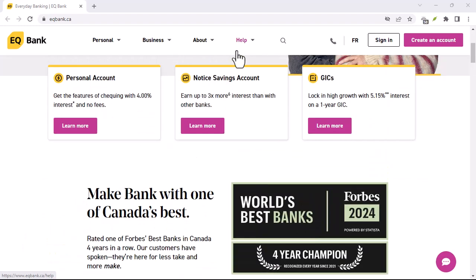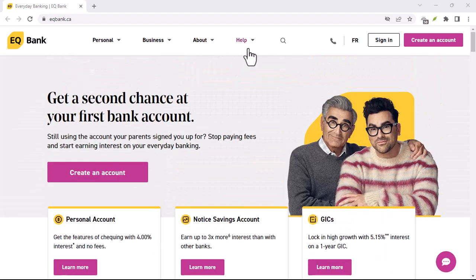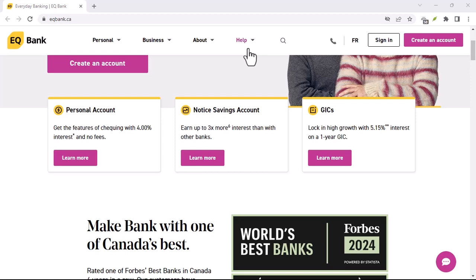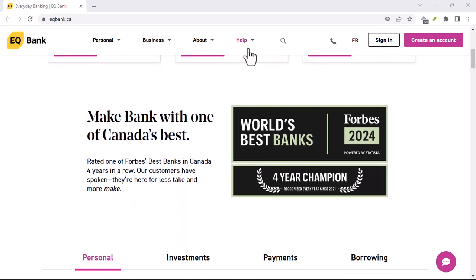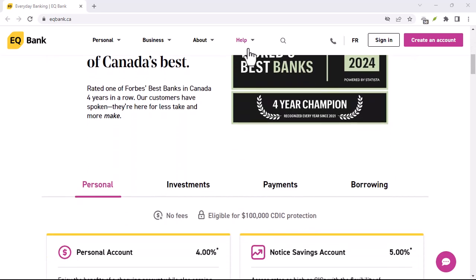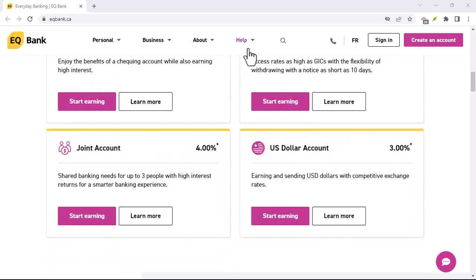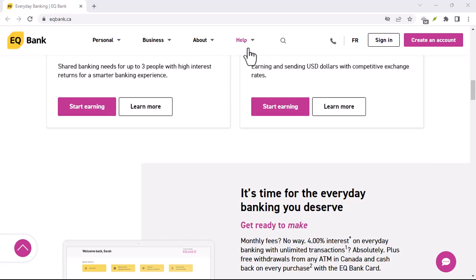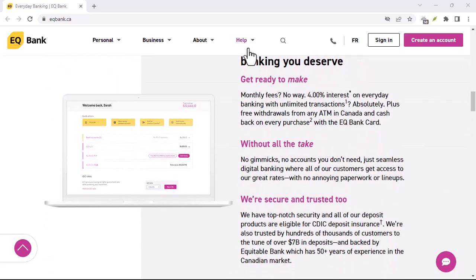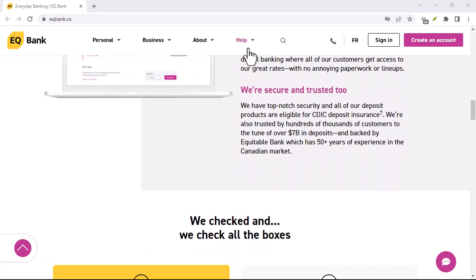Another option is to consider using cashback at retailers. Many stores offer cashback when you make a purchase with your debit or prepaid card. This allows you to get cash without having to use an ATM and potentially incur fees. While not always the most convenient option, it's a good alternative to keep in mind.